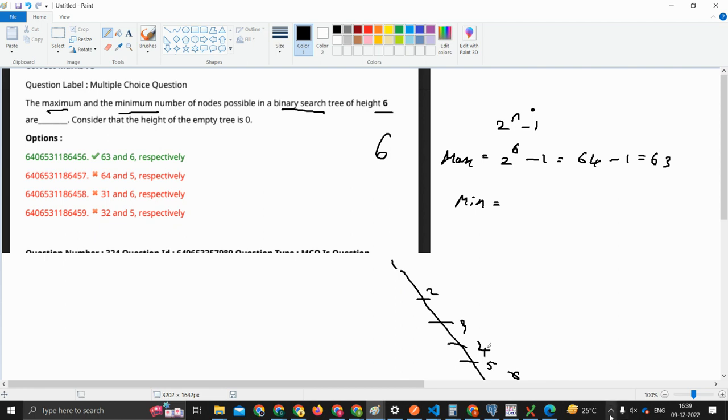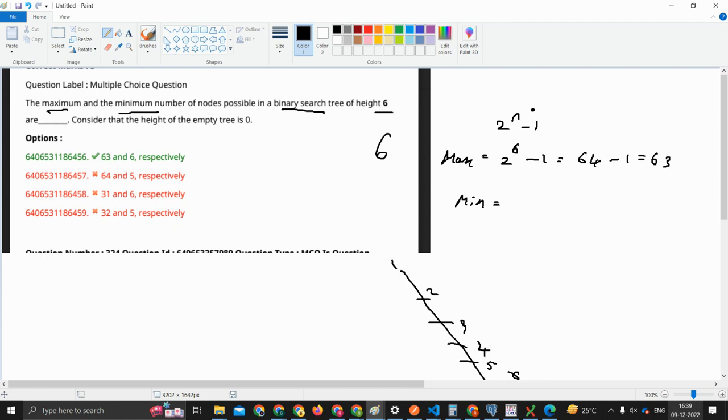That is the minimum we can get, and that gives us 6 nodes. So 63 and 6. The other case is basically H only. It's like a linked list, just a straight line, nothing else. It happens when the array is in ascending order or descending order; it will be a straight line.